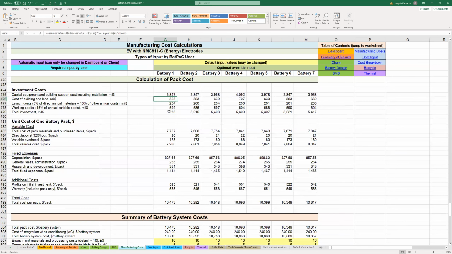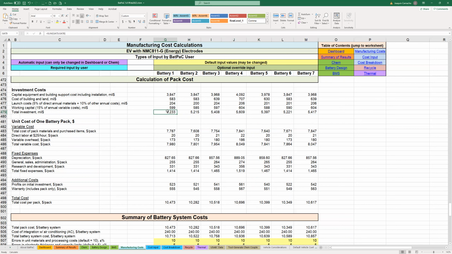The bottom line is that to build this manufacturing plant, according to battery 1 specifications, it's going to cost $5.2 million for battery 1. And for this whole array, there is some variation in this plant cost. So let's say our final design is battery 1.